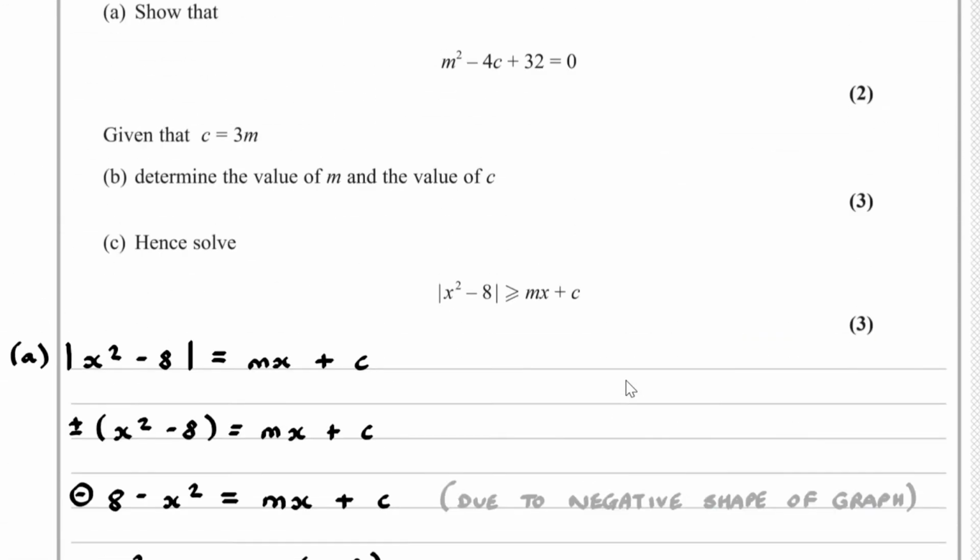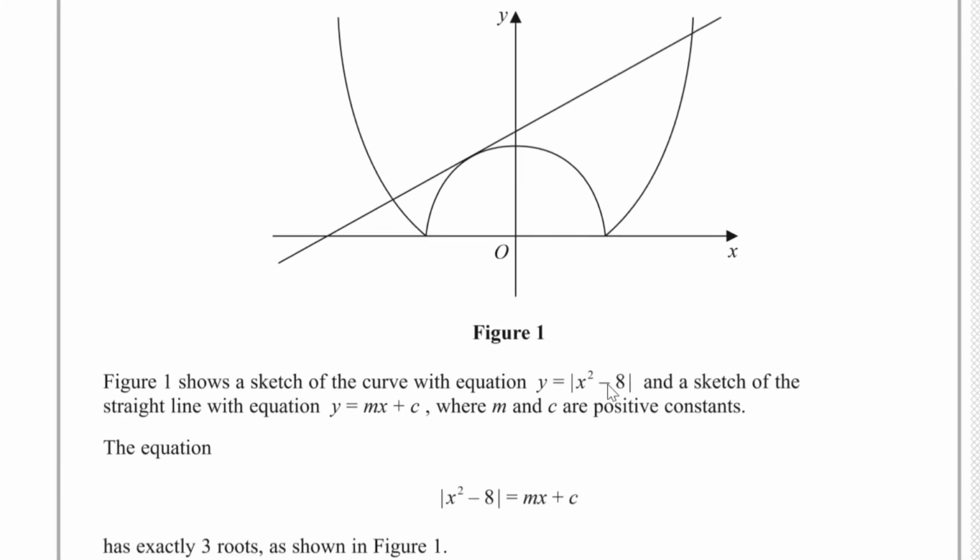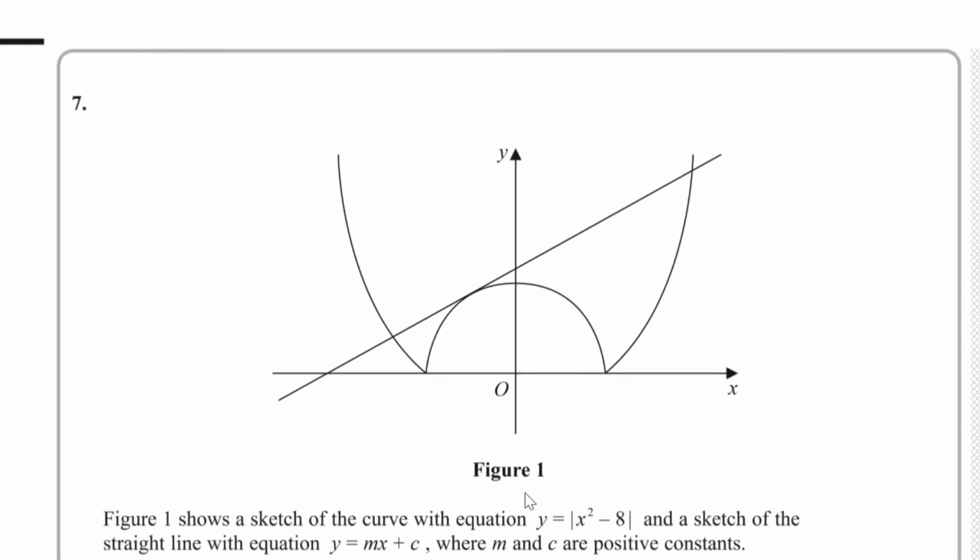So where is the modded graph greater than the straight line? Well, it's greater than the straight line between values less than or equal to this point, or this point here.